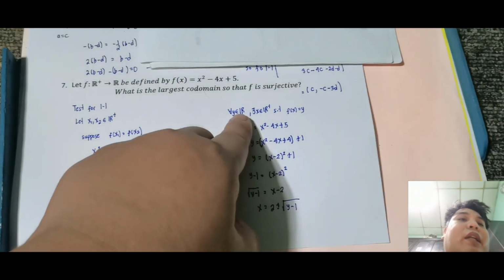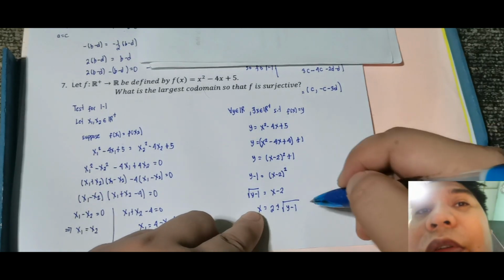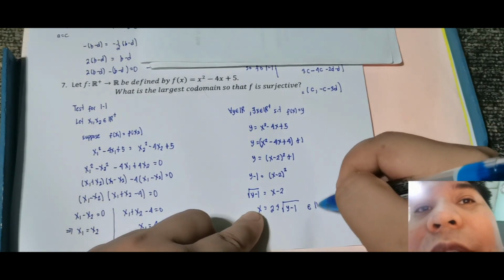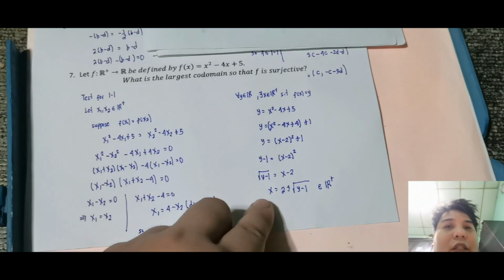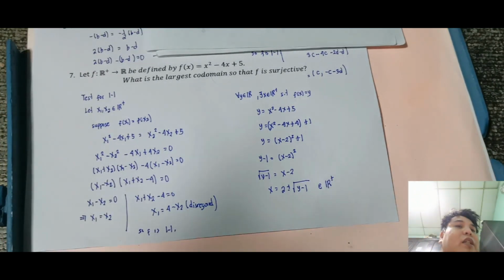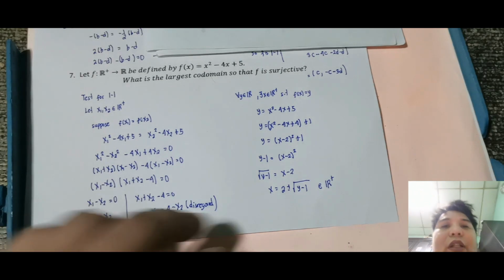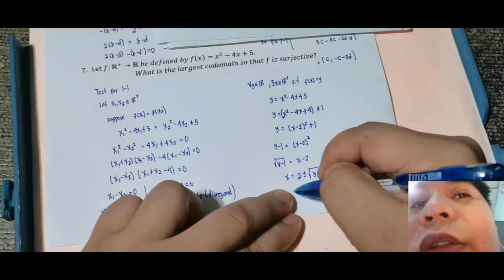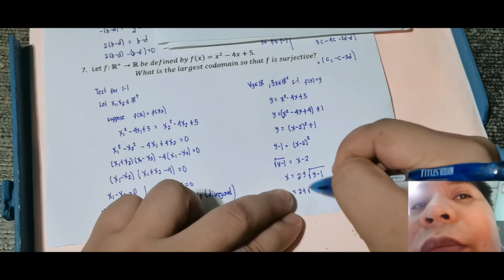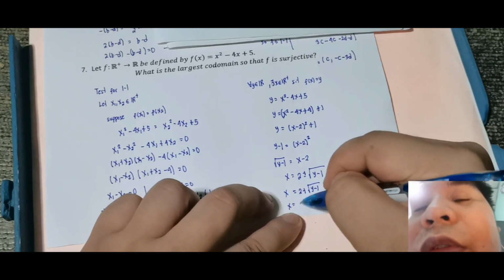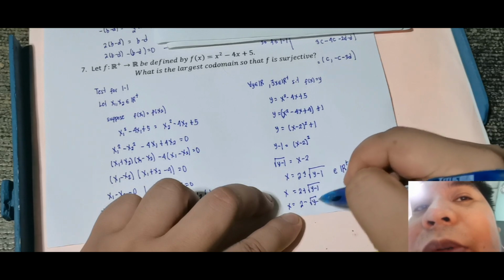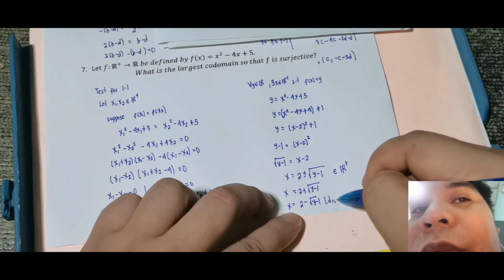Anong y yung kailangan natin para maging element to ng R+? So, i-disregard natin yung minus kasi nga, dalawa ulit yan eh. So, 2 plus square root ng y minus 1 tas 2 minus square root ng y minus 1. So, ang kukunin lang natin is 2 plus square root ng y minus 1. X is equal to 2 minus square root ng y minus 1 is disregarded.